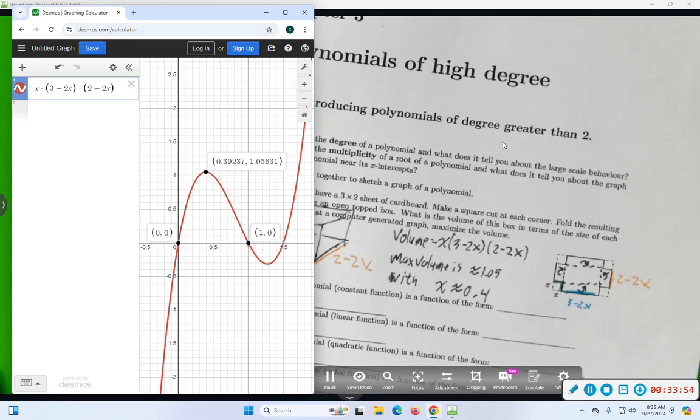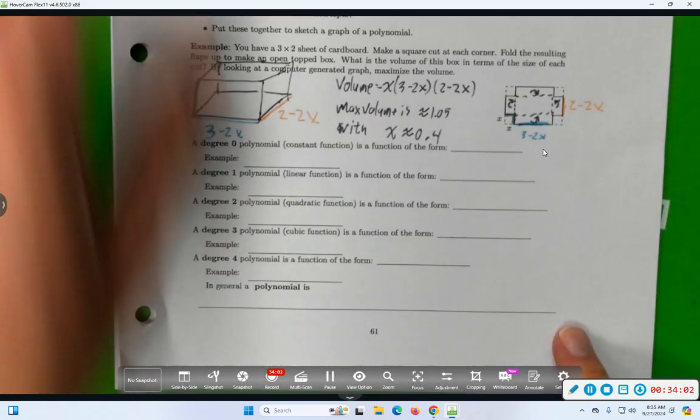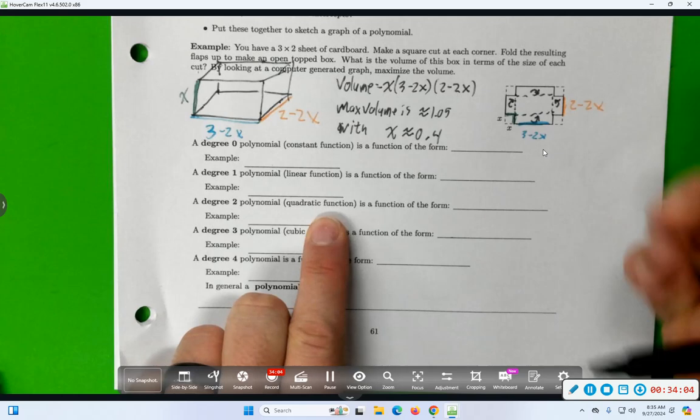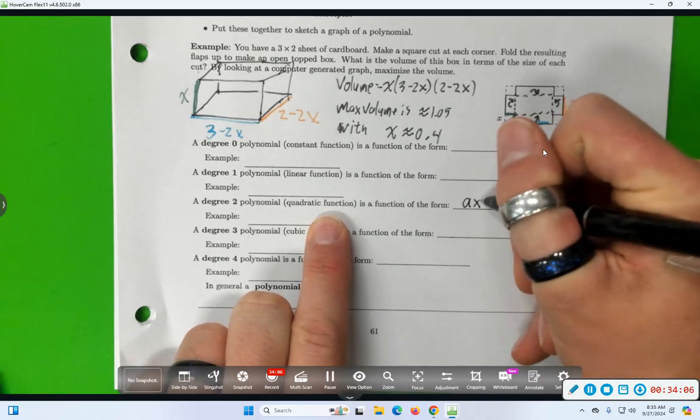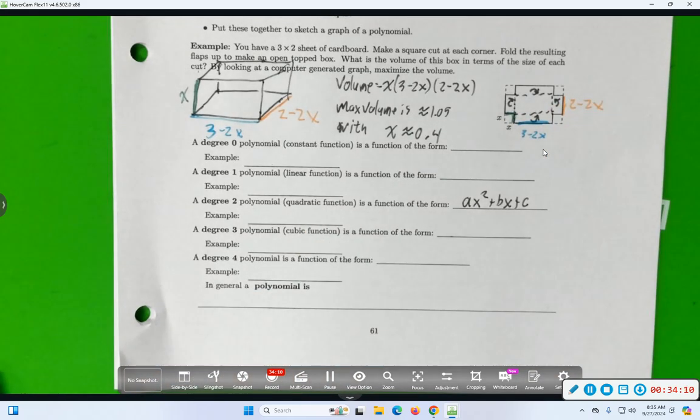So let's just now talk in very broad strokes about what a polynomial even is. We've already seen some: a degree 2 polynomial is a quadratic function, a function of the form ax squared plus bx plus c. The stuff we've been studying for the past little bit more than a week. If that's a degree 2 polynomial, what would you want a degree 1 polynomial to mean?